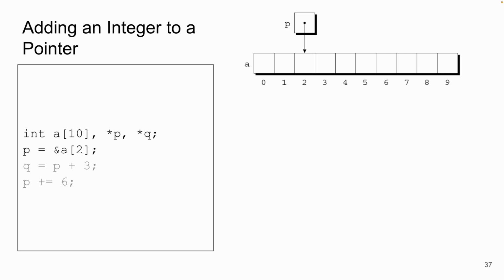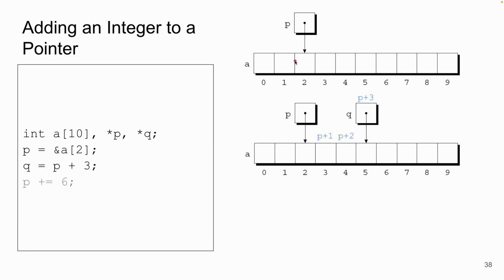Let's check out the image here so you have a better understanding of what happened. In this case, I make P point to A[2]. A[2] is here. Then I add 3 to P, and then I assign the result to Q. If I add 3 to P, we make P point from here to here. Because if we add 1 to P, P will point to A[3].